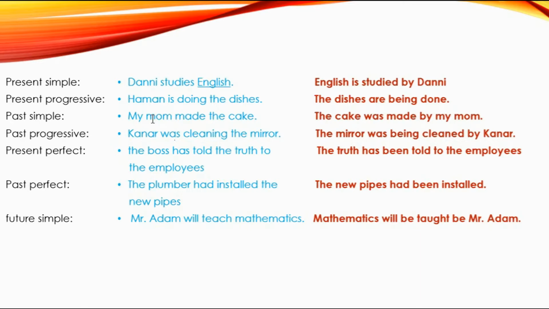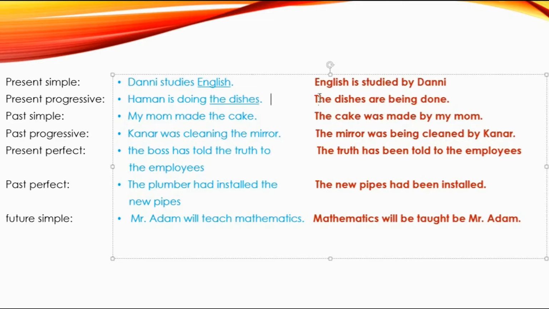The second one is present progressive. Haman is the name of the person, weird, is doing the dishes, right? Haman is doing the dishes. Is doing is my present progressive form. Subject is are, verb ing, and object, right? So my object here is the dishes.